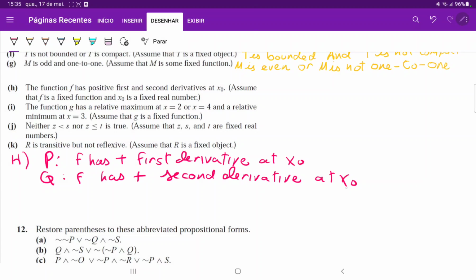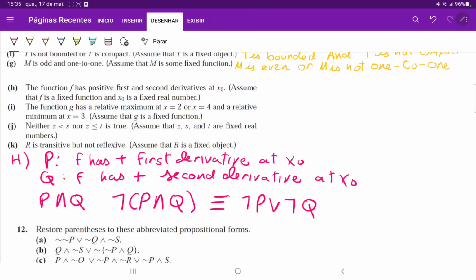Now the propositional form is P and Q, right? So our denial would be not (P and Q), and by De Morgan's law, this is equivalent to not P or not Q, rather than not P and not Q.